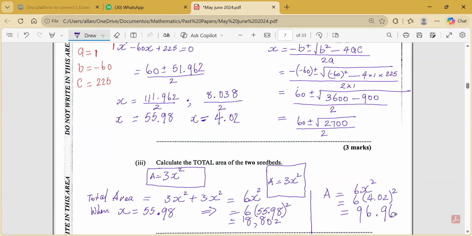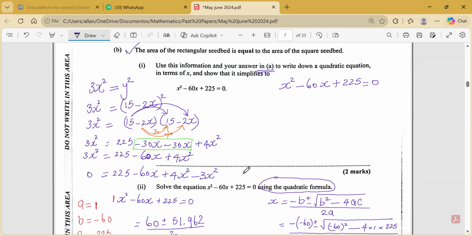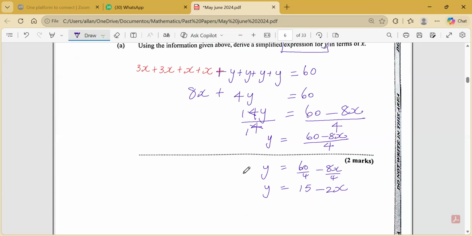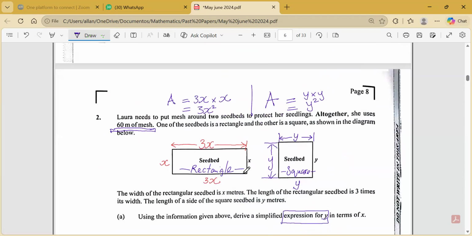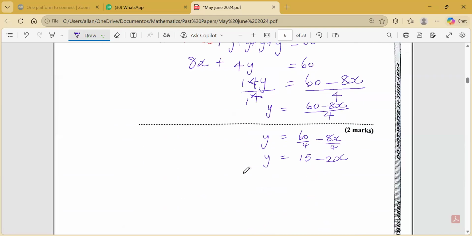So of course, I don't know if it's centimeter squared. Let me check. They didn't use, yeah, they use meter. So it's meter squared.